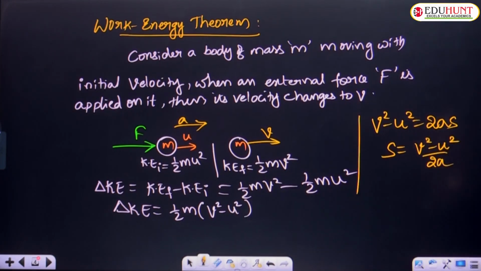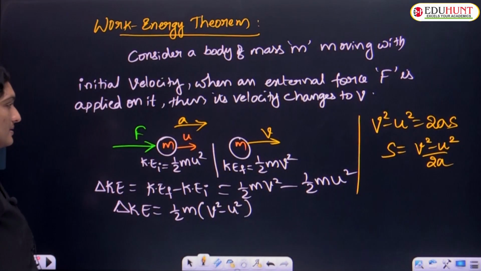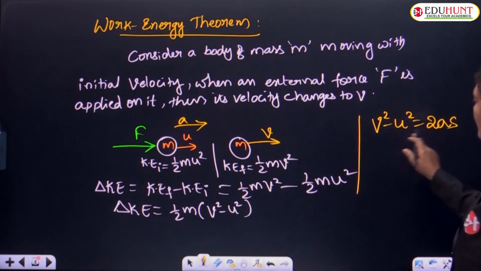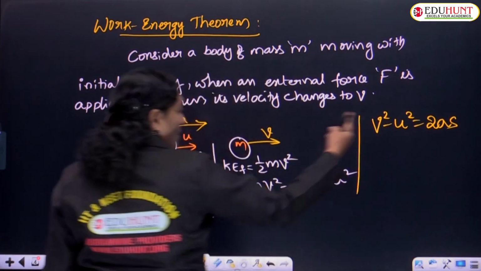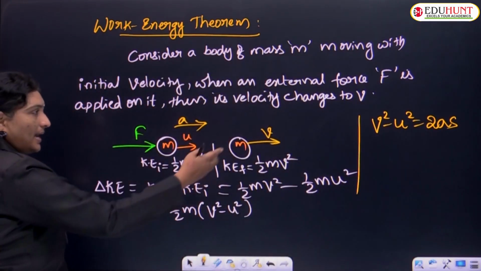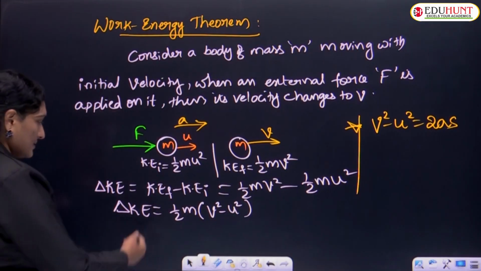So v square minus u square can also be written as 2as.